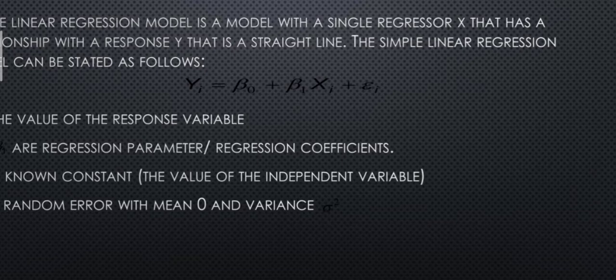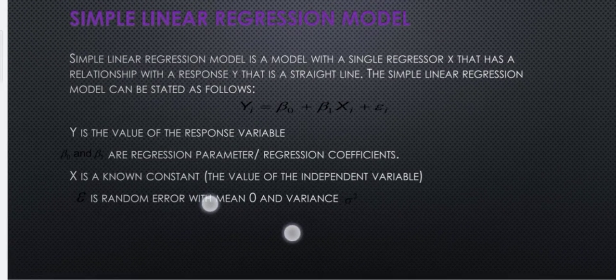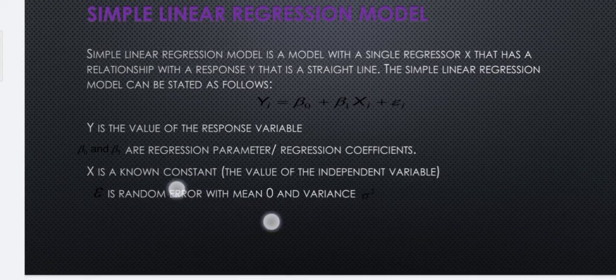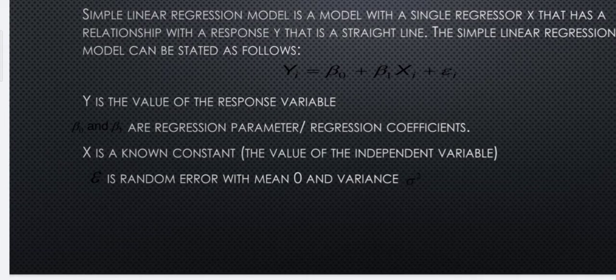We have only one X. So it will be yi equal to beta naught plus beta 1 xi plus epsilon i. Epsilon ni adalah error term. Error term ni yang should fulfill all the assumptions tadi. Beta naught and beta 1 adalah parameter. Beta naught adalah y-intercept and beta 1 adalah slope.